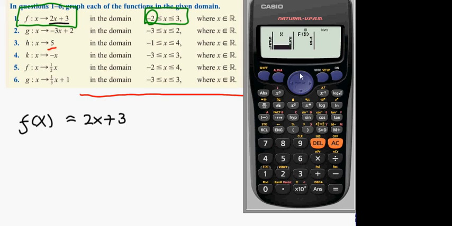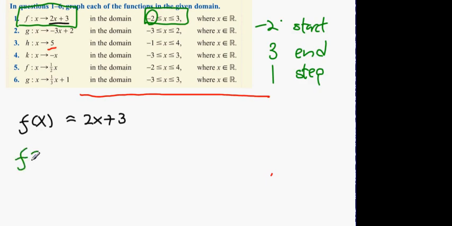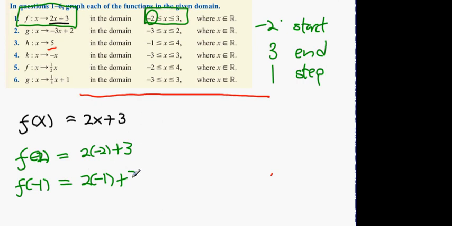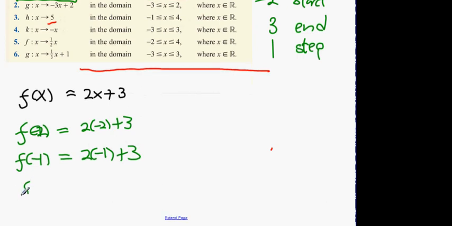Now there's one catch to this. The catch is, you have to do a table. So you actually have to write this down. f of -2 is 2 times -2 plus 3. f of -1 is 2 times -1 plus 3. f of 0.